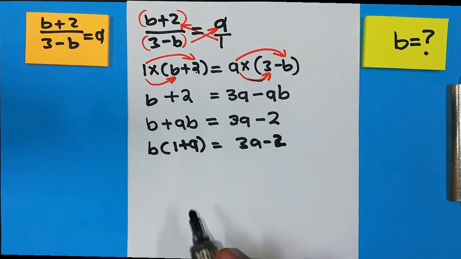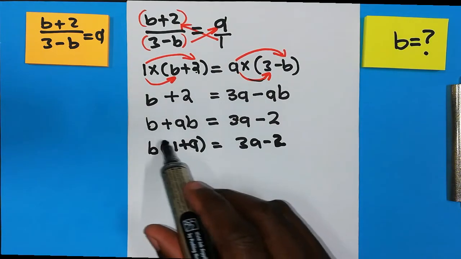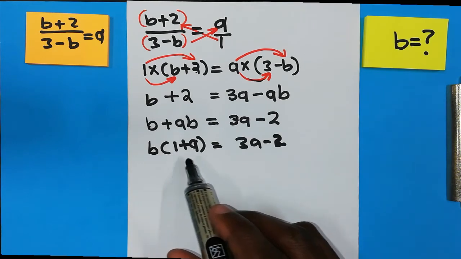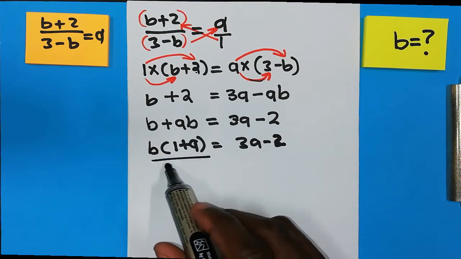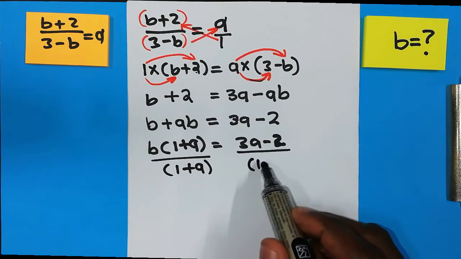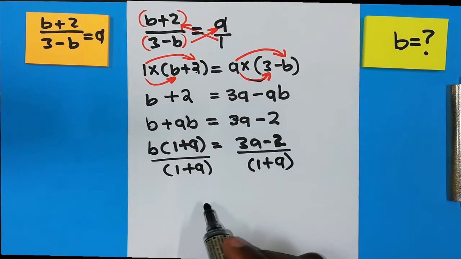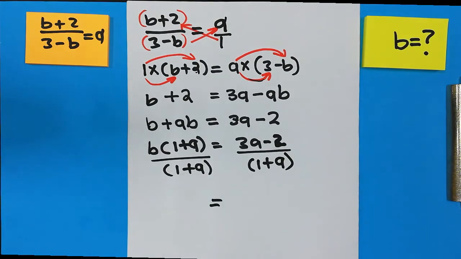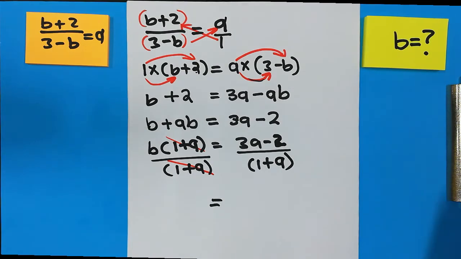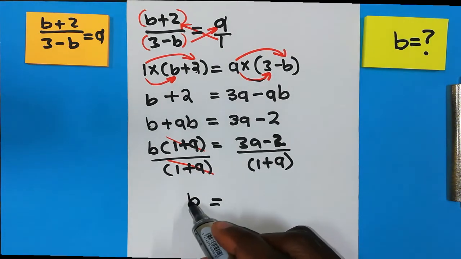All right, great. If I want b as my subject of the formula, I will divide by 1 plus a on both sides. All right, so 1 plus a will cancel 1 plus a. Then I will be left with b.